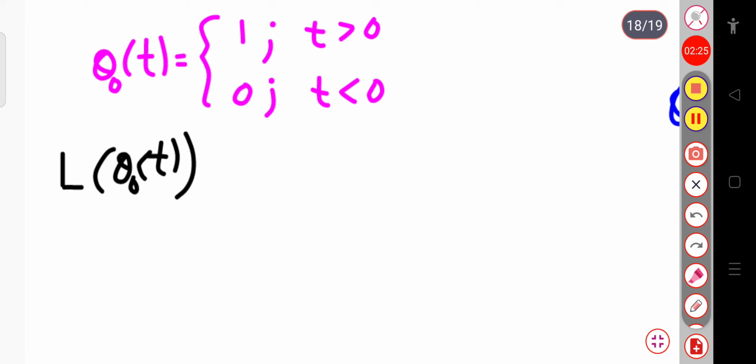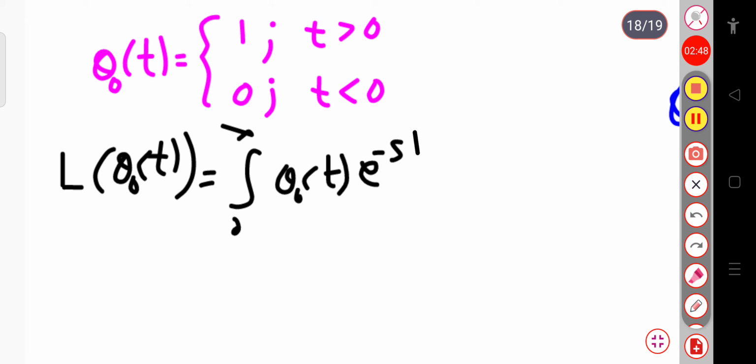The function whose Laplace transform we want to take can be written as L of the whole function theta naught of t. This will be equal to the integration from 0 to infinity of the function, theta naught of t, times exponential minus st, dt. This is the general representation of the Laplace transform.